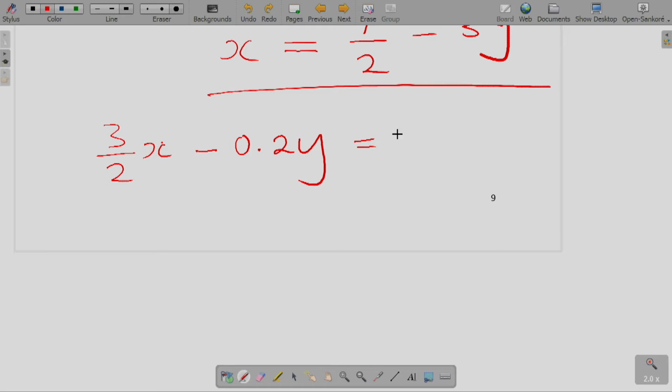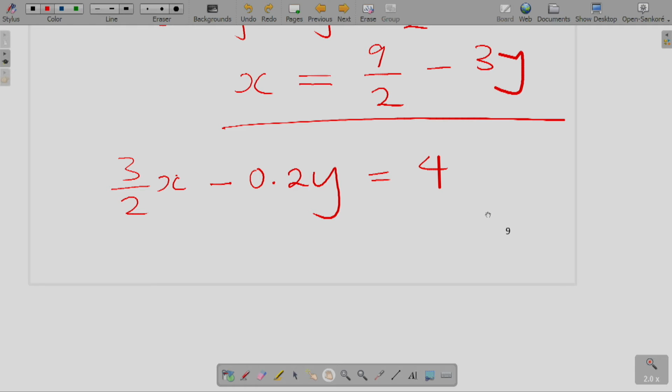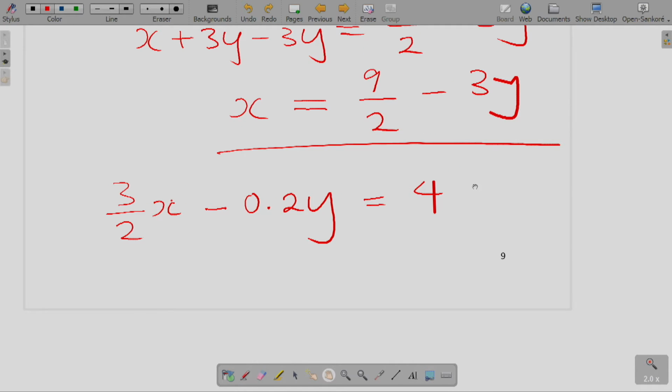But we have already got x equal to 9 over 2 minus 3y.